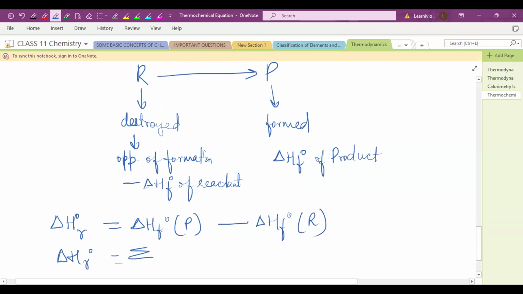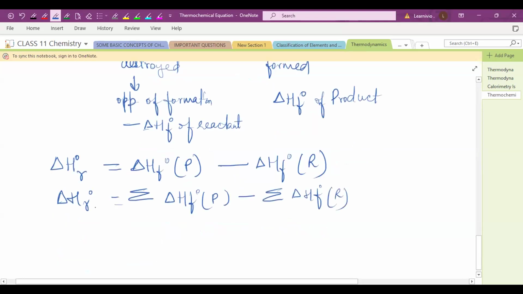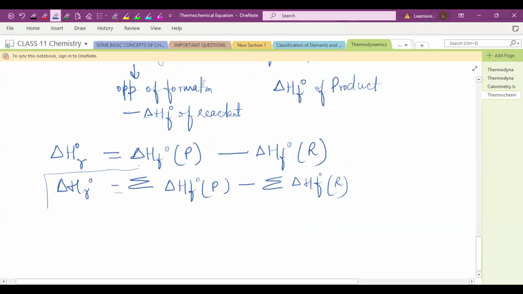So product एक से ज्यादा भी हो सकता है. So in that case you have to add up the enthalpy of formation. So the summation of delta HF naught of product minus this. So this is the important formula you should remember.